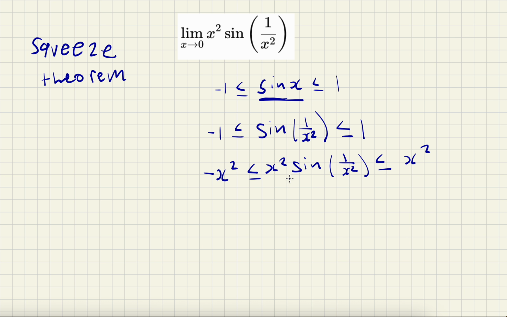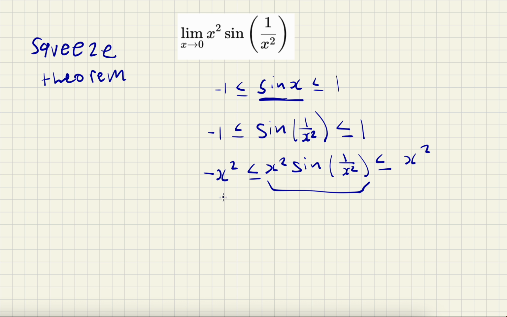And so this is our original function. Our original function was x squared sine of 1 over x squared, right? And now we know that it's always greater than or equal to negative x squared and always less than or equal to x squared.